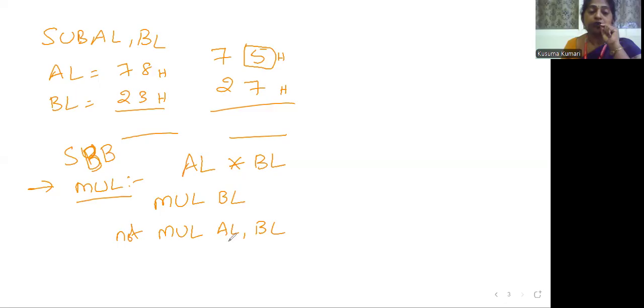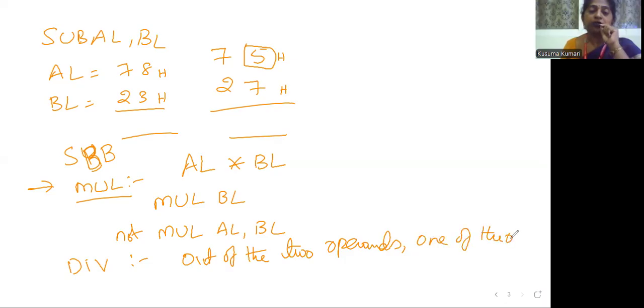In multiplication and division instructions, the operation is performed between two operands, but one of the operands compulsorily should be available in the accumulator.